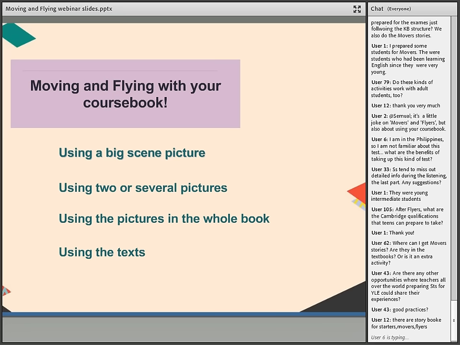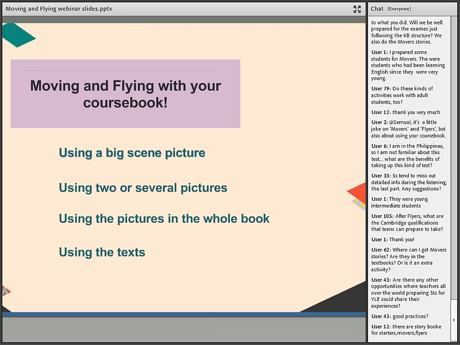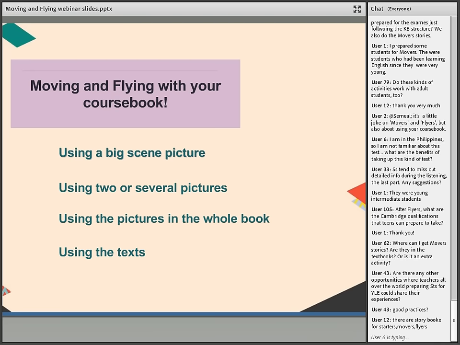Okay, I think Kid's Box 4 you said, yes? Yes, I think Kid's Box 4 does cover quite closely the syllabus, if you like, the word list and the grammar structures and the functions that appear on the Movers test.